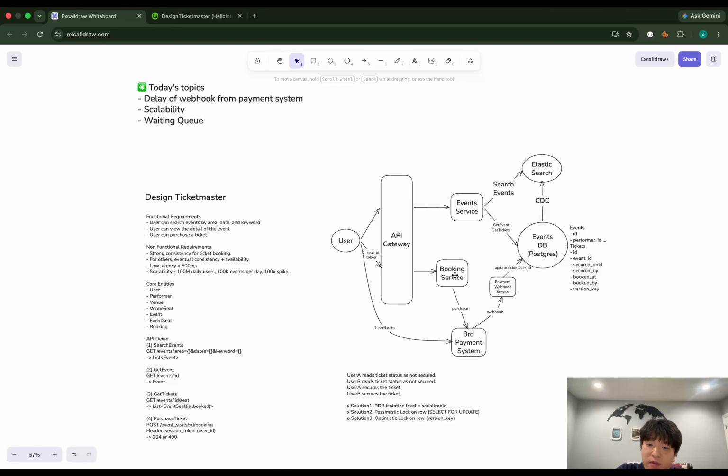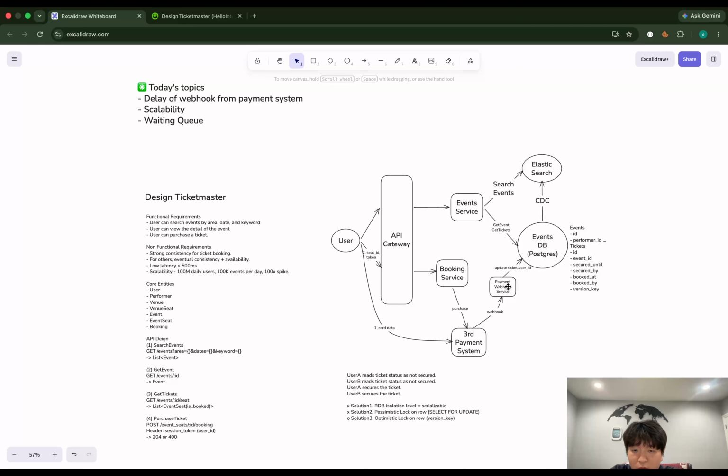Let's say the user makes the payment at 9 minutes 59 seconds after the seat is secured, and then the webhook is made at 10 minutes 10 seconds. In that case, because 10 minutes have already passed, it is possible that another user secures the seat and starts the payment. This is not a good idea. This is not good for the second user.